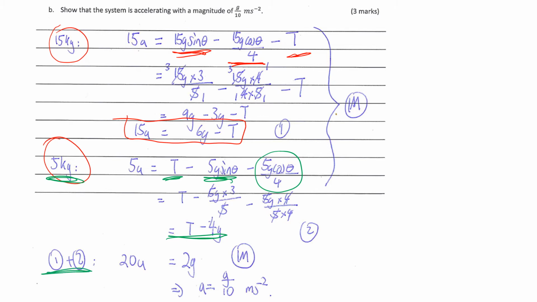So equation 1 plus equation 2, sum them together, of course the tension drops out, but when you're analysing it as a whole, there's no need to introduce tension, so it is slightly more efficient, but I just want you to get these done accurately, so do whatever feels comfortable for you. The tension drops out, you're left with 6g minus 4g, which is 2g, and therefore leading to the correct answer.